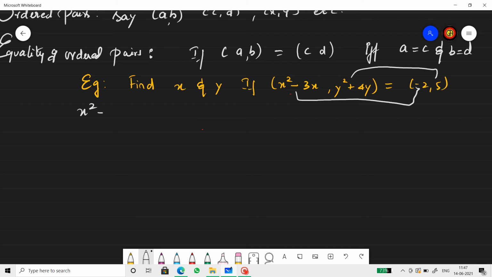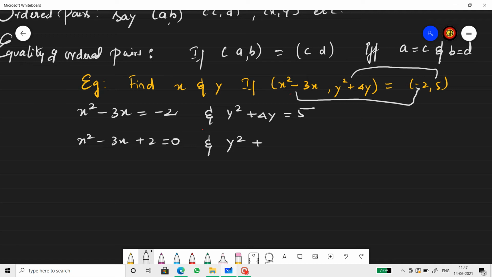So x square minus 3x is equals to minus 2 and y square plus 4y equals to 5. Right? So x square minus 3x plus 2 equals to 0 and y square plus 4y minus 5 equal to 0. Now let's factorize this.